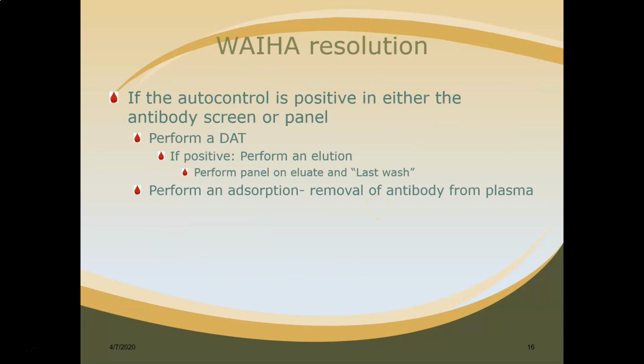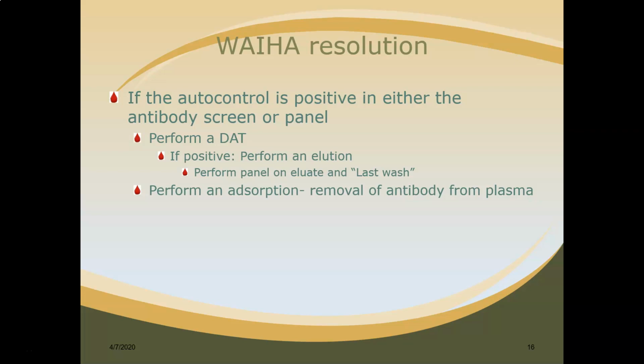In vitro, in the lab, the autocontrol is going to be positive in either the antibody screen or the antibody panel. We're going to perform a DAT, and if the DAT is positive, that means that there are antibodies coating the red cells.